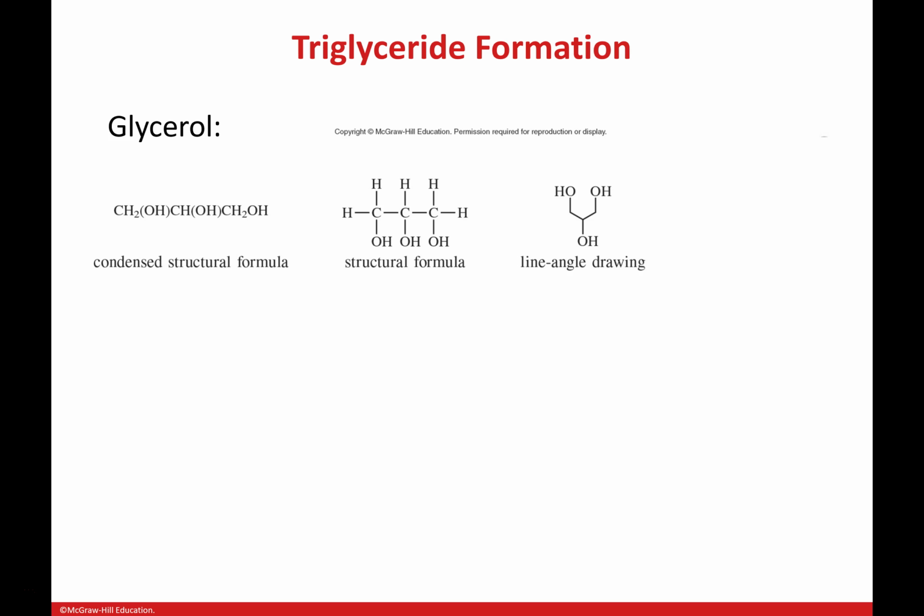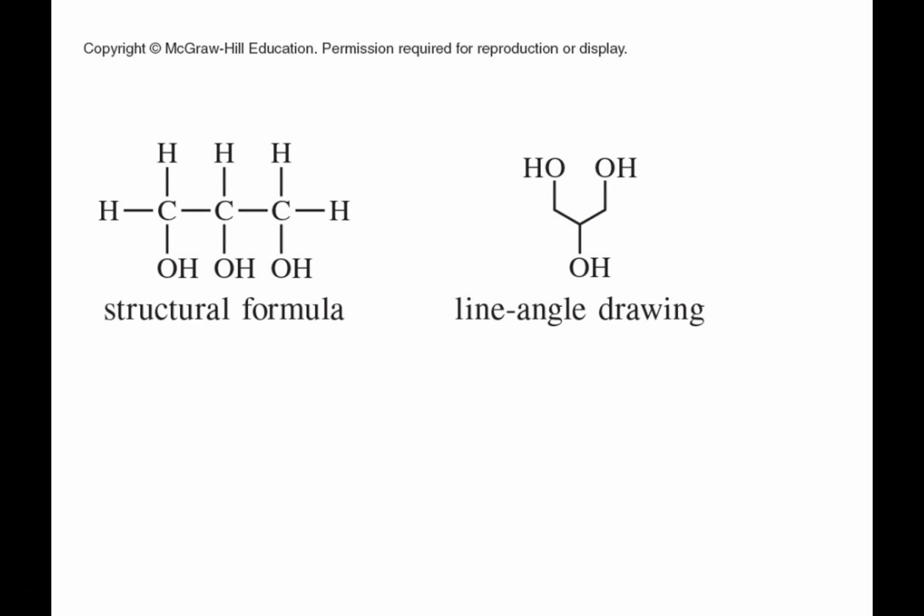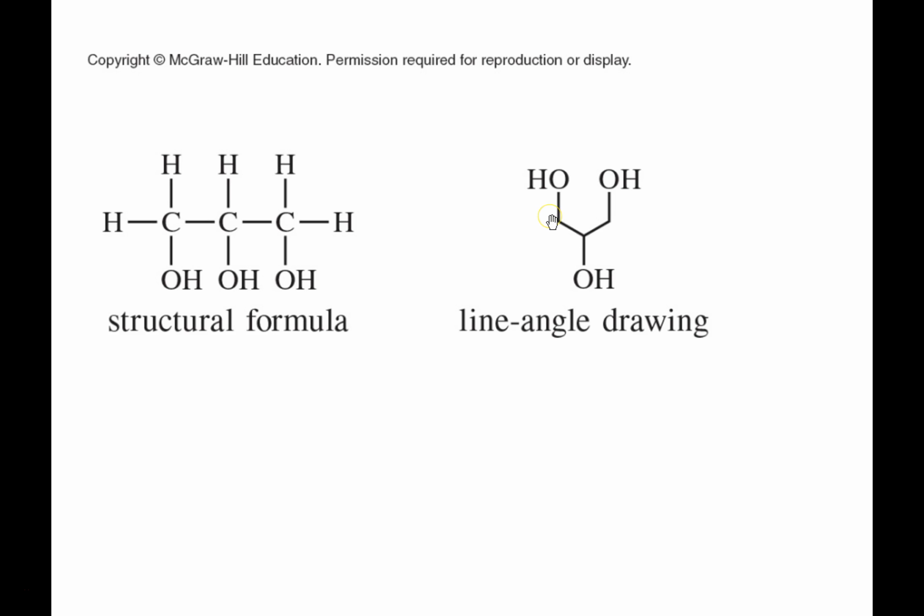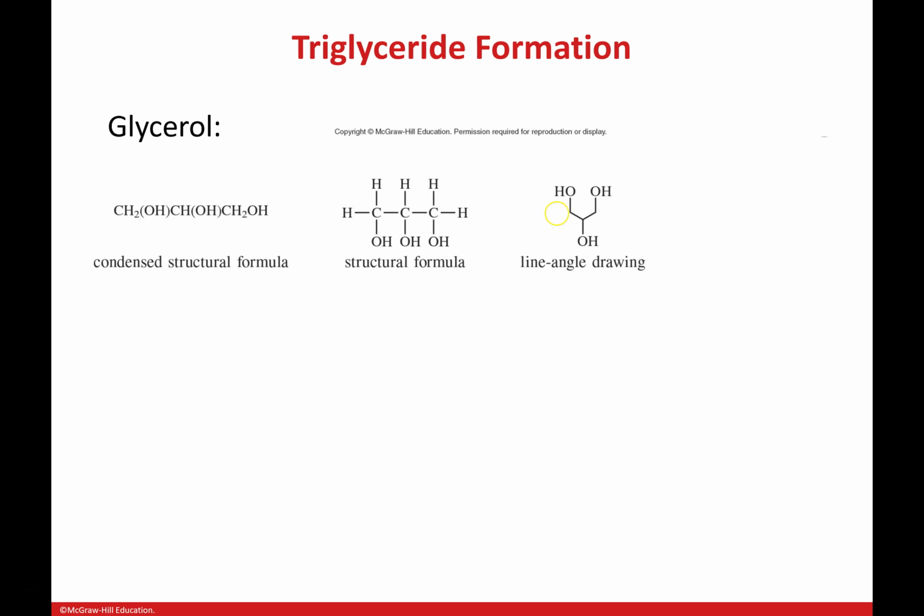I remember that whenever you see the end of a line like that, I could put a carbon here. Oops, I can't draw on it while it's up here. But I could put a carbon at each one of those vertices. So I put a carbon here, and a carbon here. And then again, you have to make up hydrogens.